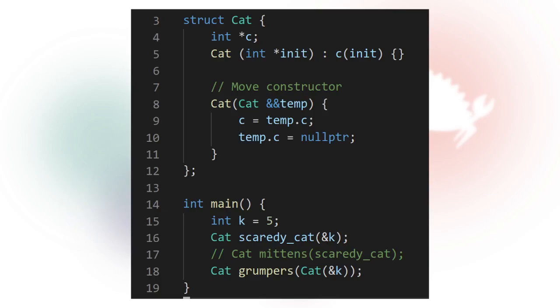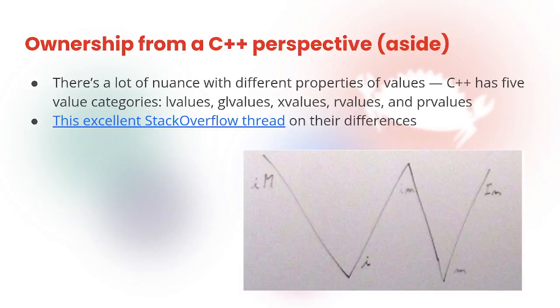And Stroustrup drew this diagram to show that literally all these values, lvalues, glvalues, xvalues, all this stuff, can be thought of as just combinations of whether it has identity or whether it can be moved from. And I think this is really beautiful.